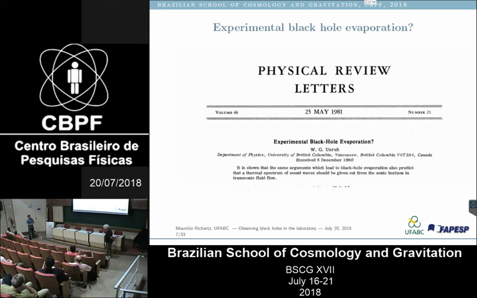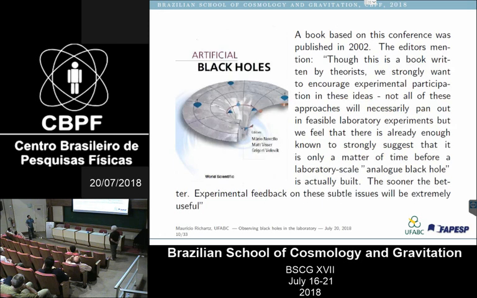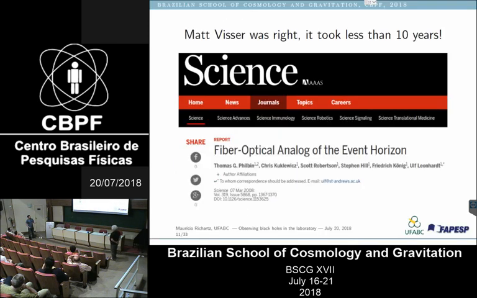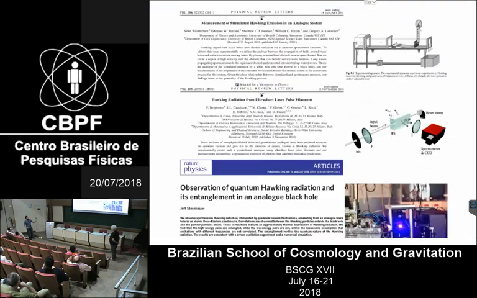I really didn't focus on Hawking radiation here, and I didn't study it very carefully, but I know people try to do the same as we did for superradiance, but for Hawking radiation, and this here is the most recent and most important result.